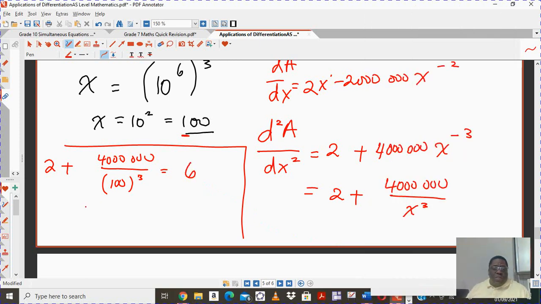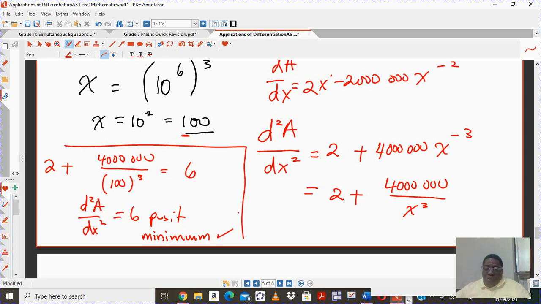So if your second derivative is equal to 6, it means it is positive. And when that is the case, we are dealing with a minimum. Okay, so I hope you do still remember that.